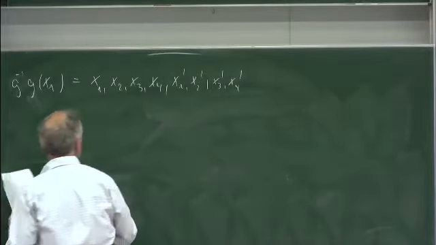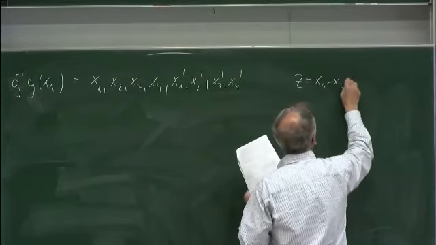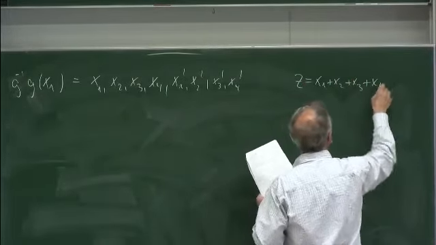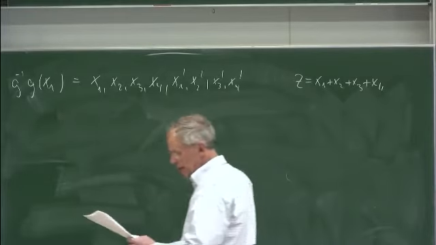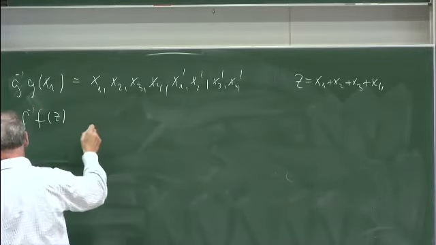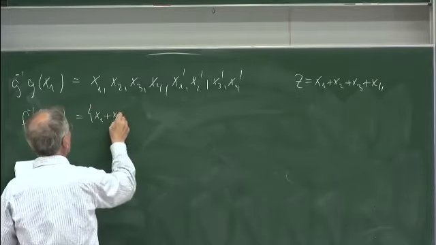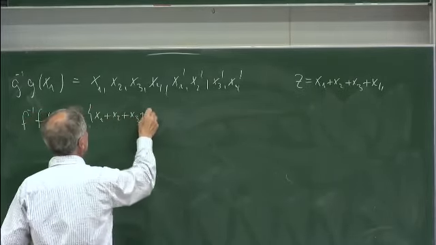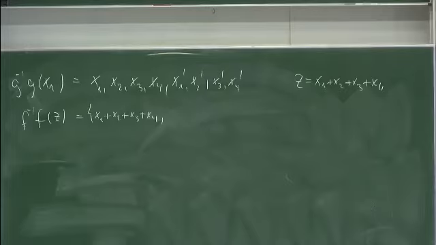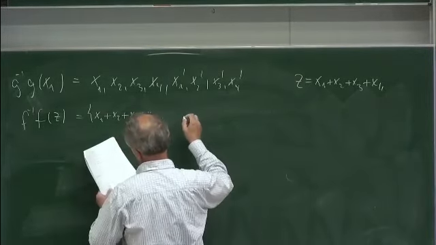And then similarly, suppose z is x1 plus x2 plus x3 plus x4. We also take a basis there. So f to the minus 1 f of z is equal to x1 plus x2 plus x3 plus x4. This is of course only one point here. Now you have to take the 7 other points, and we do this in the same way.